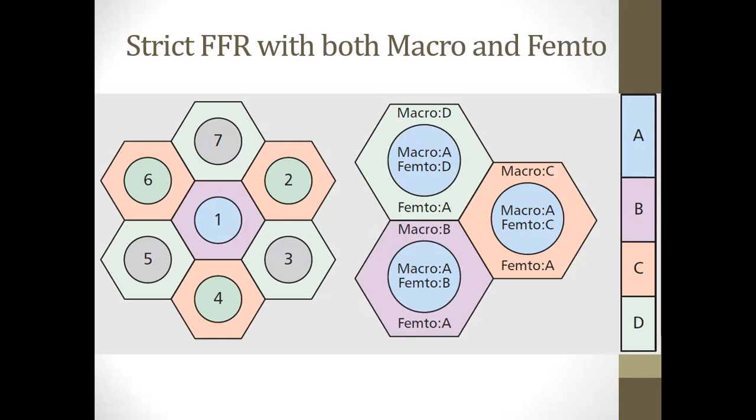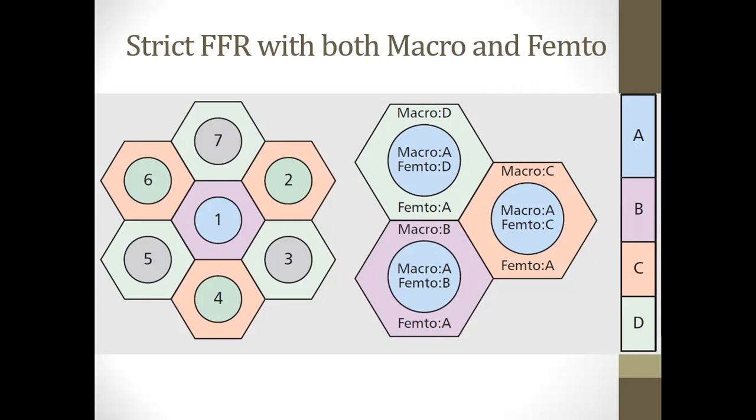Then what you do, the users who are close to the base station are allocated this part A. They are allocated part A. And the cell edge users are allocated B, C, or D. But this time you use frequency reuse factor actually 3.